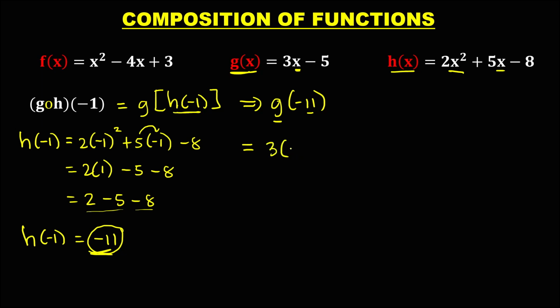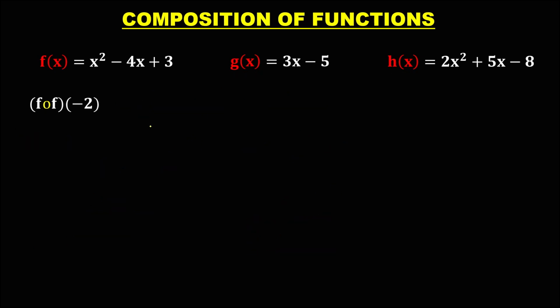So this becomes 3 times negative 11, then minus 5. Then 3 times negative 11, that's negative 33 minus 5. And this negative 33, negative 5. So the same negative, so you add. And this is equal to negative 38.